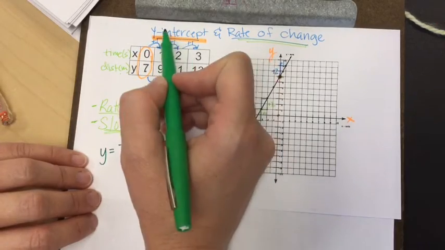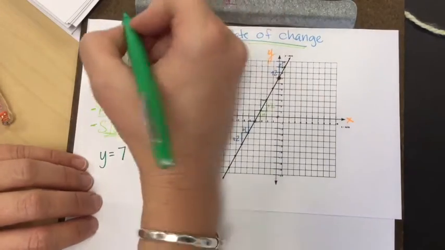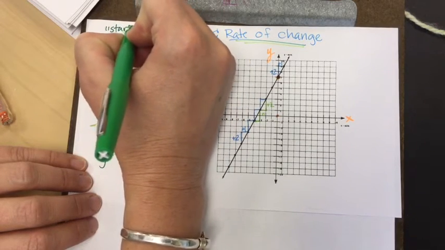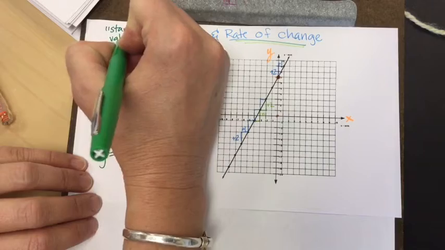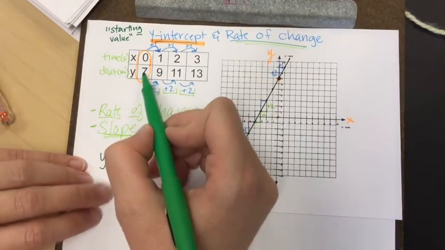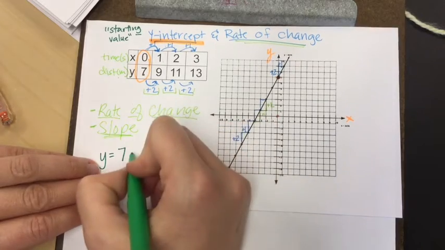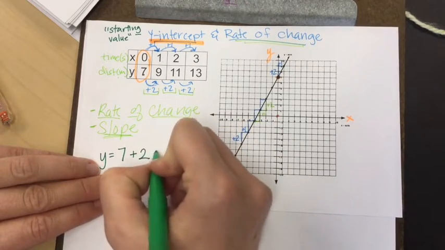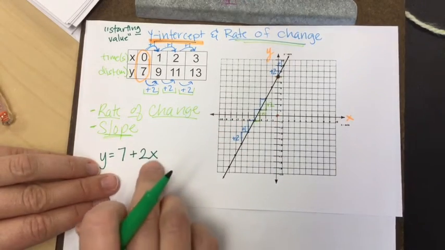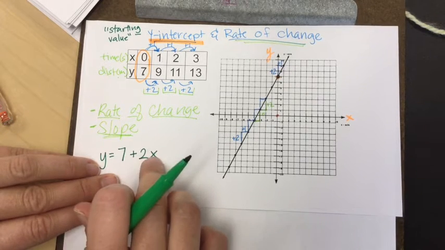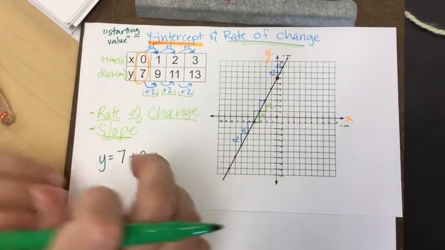Sometimes you'll see the y-intercept also called a starting value or starting number. So they start at 7, and then every time it goes up by 2. So you're going to increase by 2 each time. That is applied to the independent variable, so you apply your rate of change to every time.